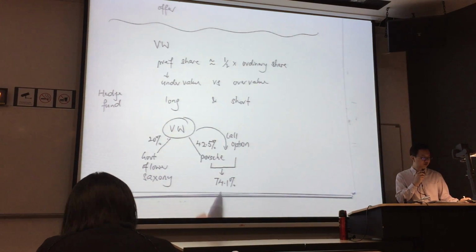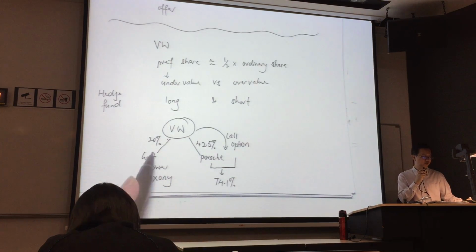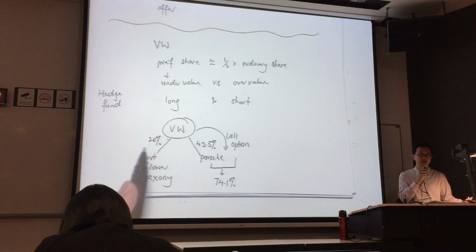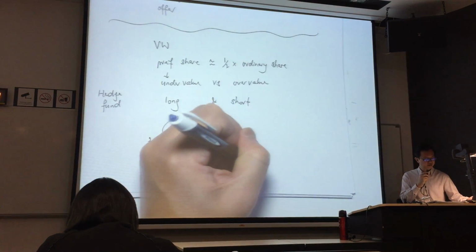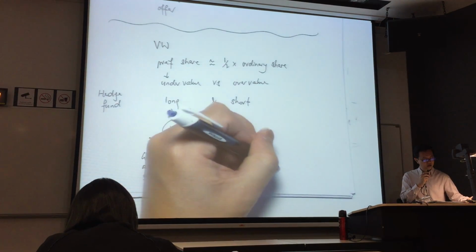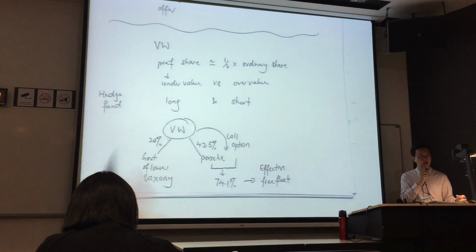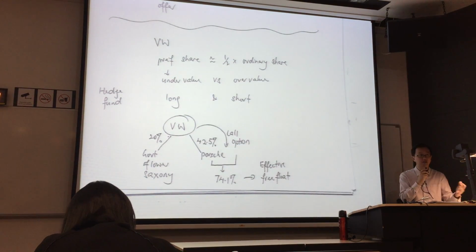So if you consider 74.1% is held by Porsche, with the remaining 20% held by the government of Lower Saxony, then what is the effective free float? As I said, free float means the remaining shares which are freely available in the market, right?